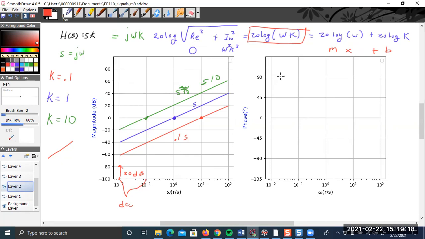Now the phase. When we were working on the magnitude, I said the real part was 0. So if I were to draw the complex plane, here's the imaginary part, here's the real part, and it's really omega K, whatever omega and K are, pointing in that direction. And so that's 90 degrees.